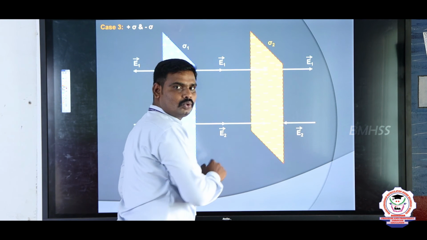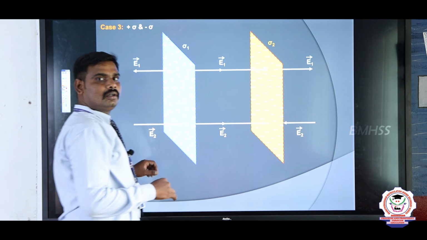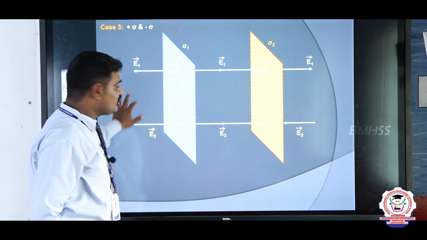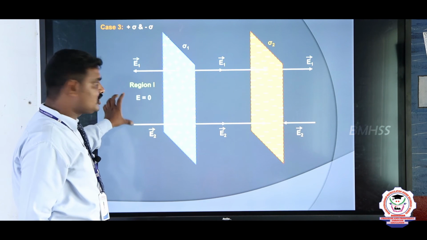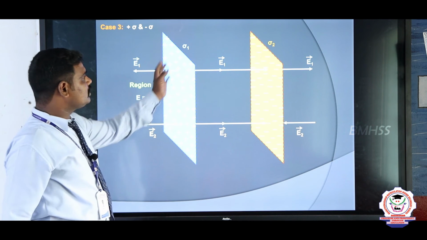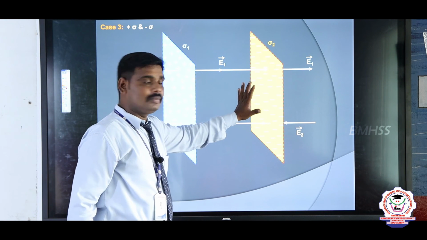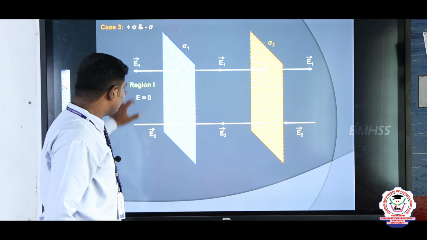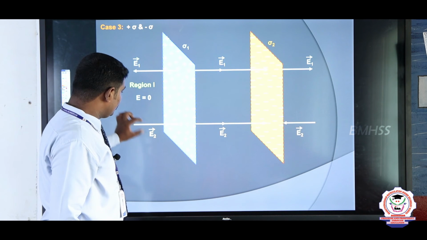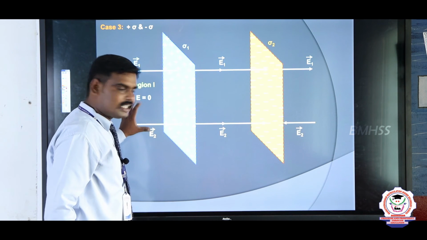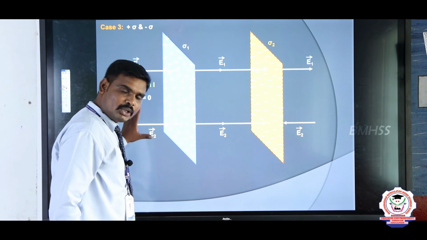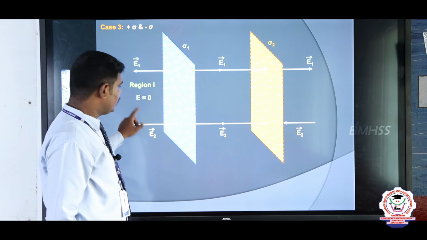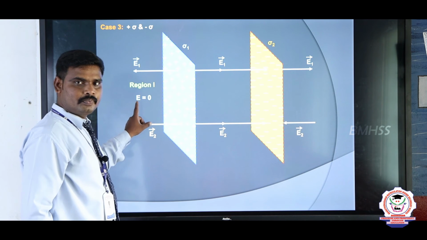This is the E2. Now the total electric field of the first region, which direction? See, both the charge densities are the same, that's why here E1 and E2 are acting in opposite directions, with the same magnitude and opposite direction, that's why E equals 0.